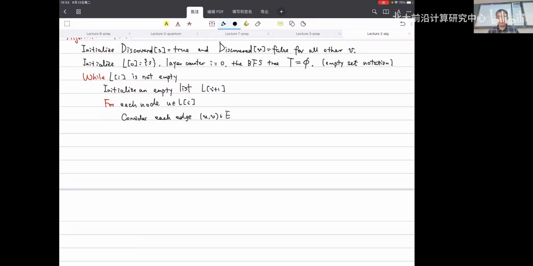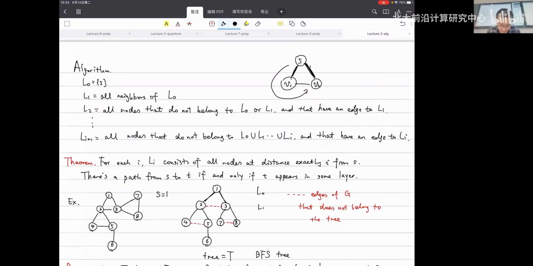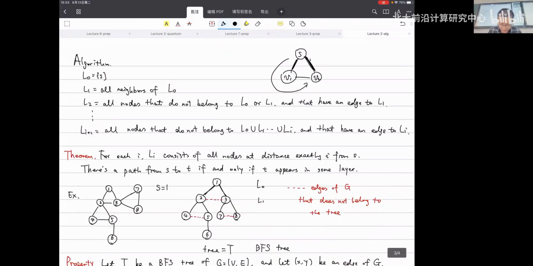So this is where discovered makes sense, because, as we discussed just now, we want to make sure that these conditions work, that we don't want to add nodes that were previously added in earlier layers. So this is going to make everything messy, and this is not the case we want.